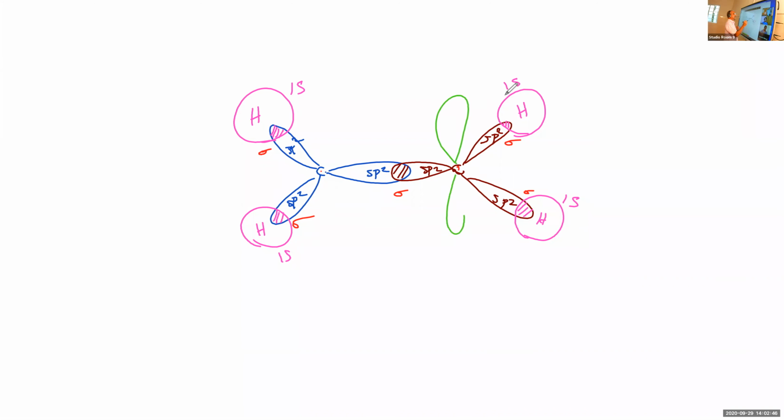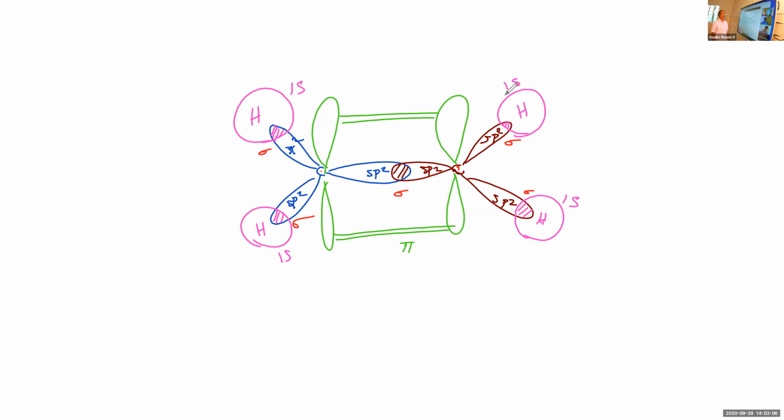See, these are overlapping sideways. This is an elongated or extended way of overlapping that is shown. So overlap sideways, and there is formation of a pi bond.